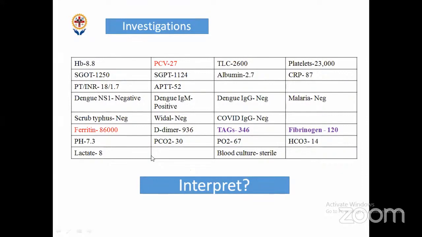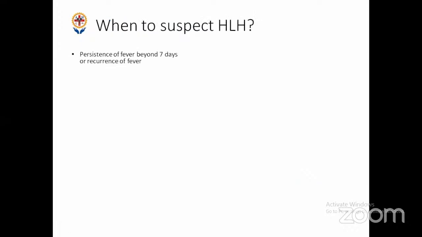So we have 3 DDs. We have done the workup, and this is the workup. HLH. Exactly. So this is HLH. So when to suspect HLH? Any persistence of fever beyond 7 days or recurrence of fever, elevating transaminase. Initial elevation is because of shock. Once you control shock, it will normalize. But again, if this elevation comes, then you have to think of HLH. Progressive cytopenias, new organ dysfunction, any AKI or ALF, hepatosplenomegaly.